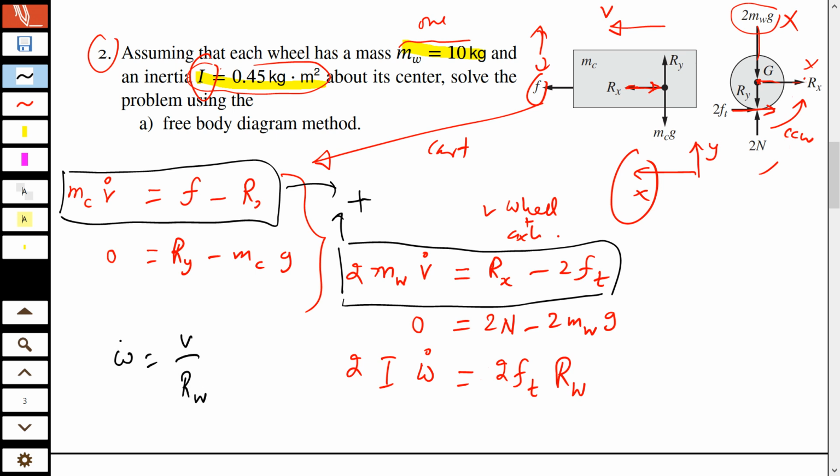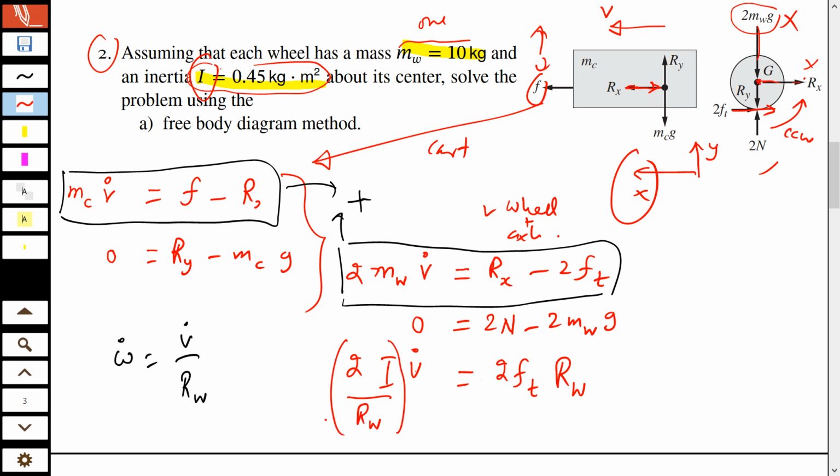And because Rw is constant, if you put a dot here, you will have a dot there. So I can now replace this omega dot with V dot divided by Rw.